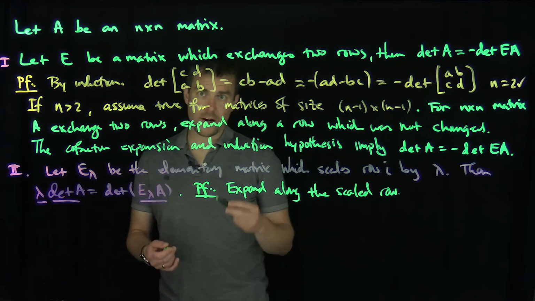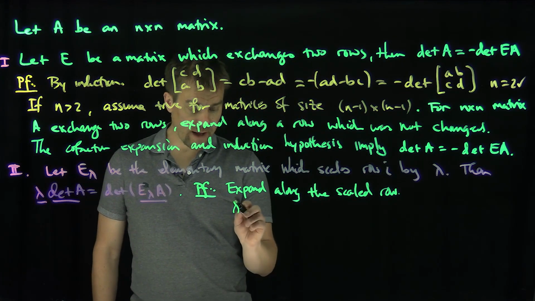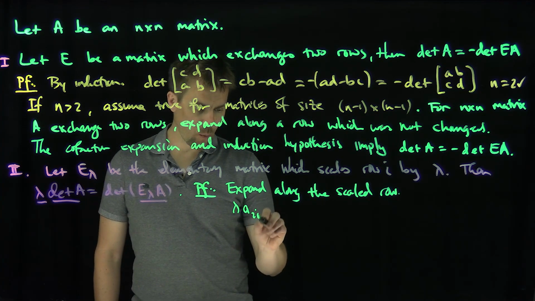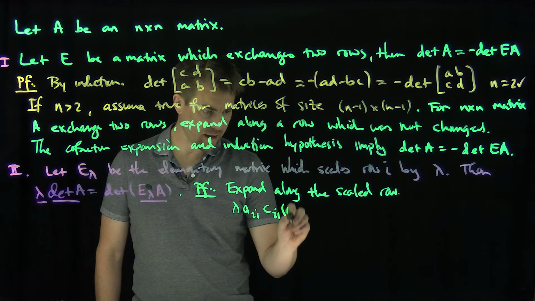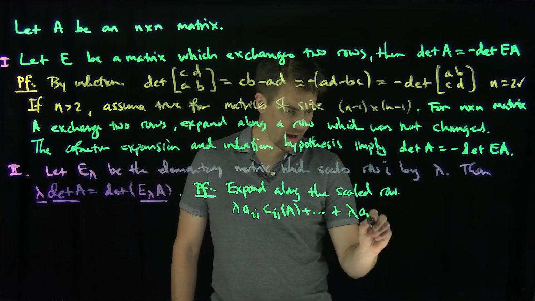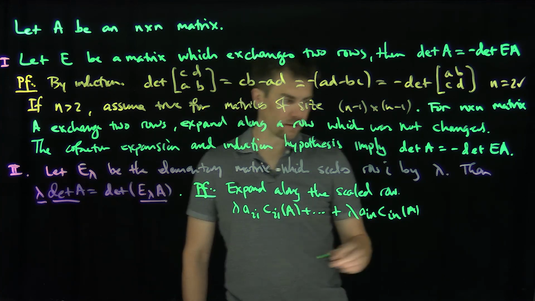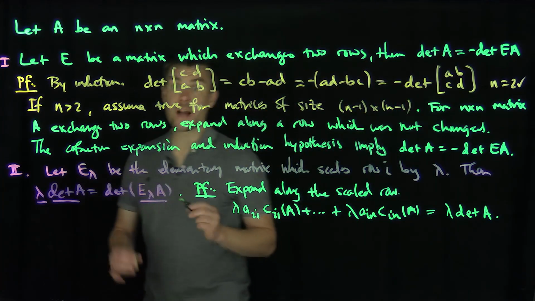The cofactor expansion along the scaled row, if you're doing the ith row, will be lambda a_i1 C_i1 all the way down to lambda a_in C_in. There's clearly a factor of lambda there, so this is going to be lambda times the determinant of A. That's our next row operation.